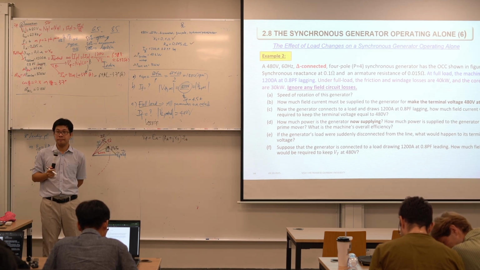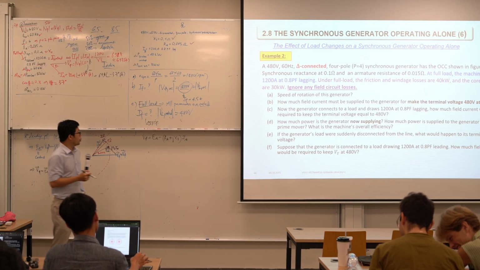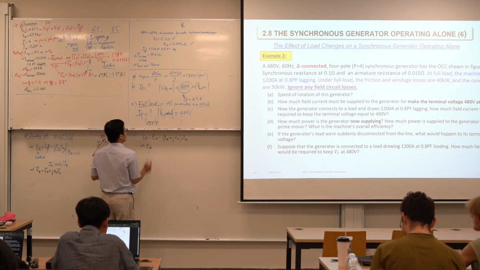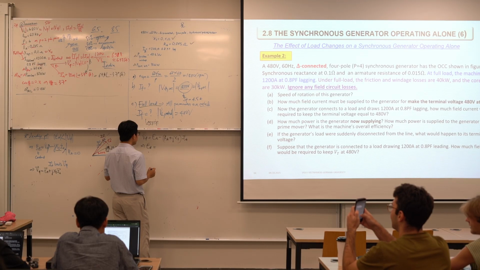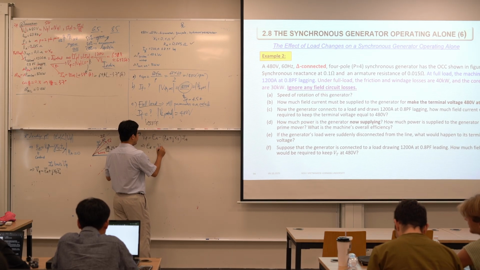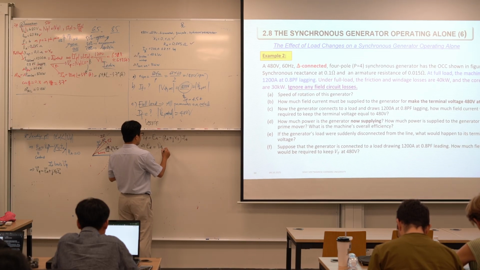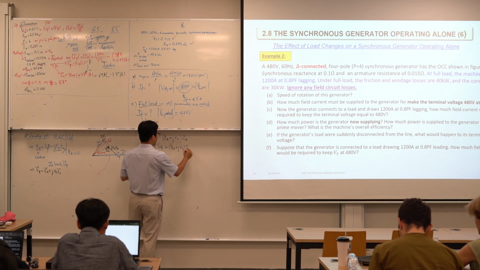Do you agree with me? Yes. So can we get EA? Yes. EA is V phase plus RA plus jXS times IA.